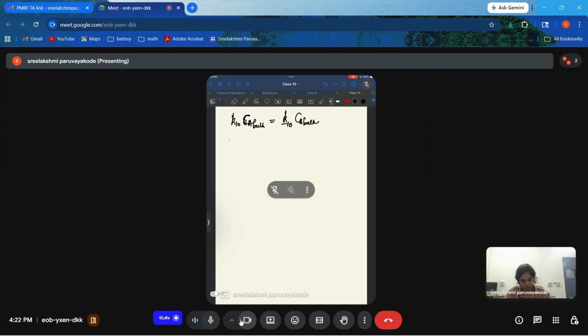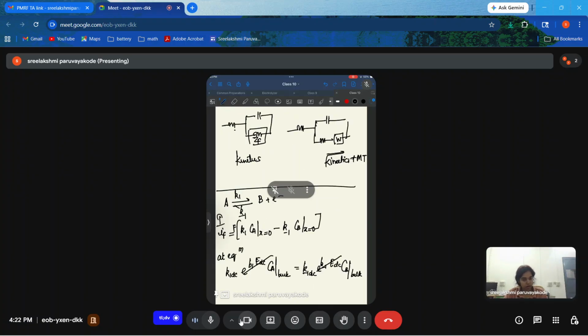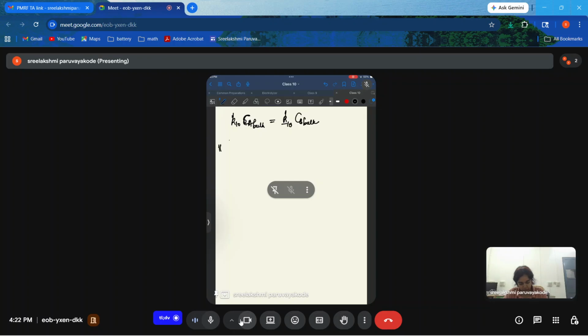Now, the first step is you have to write the current equation. Next step, you write the Fick's law of diffusion, which is dou CA by dou T equal to DA dou square CA by dou X square, and dou CB by dou T is equal to DB dou square CB by dou X square.